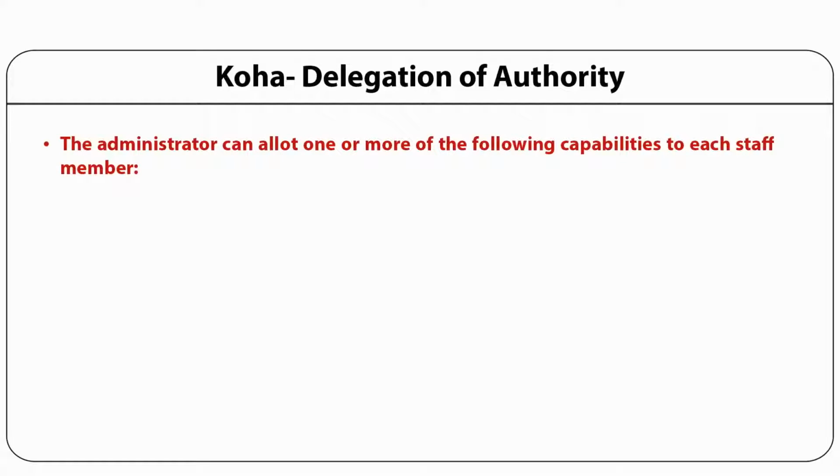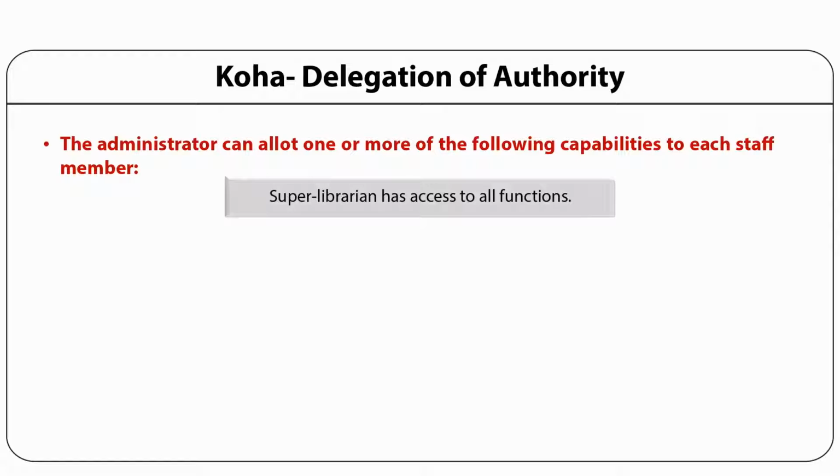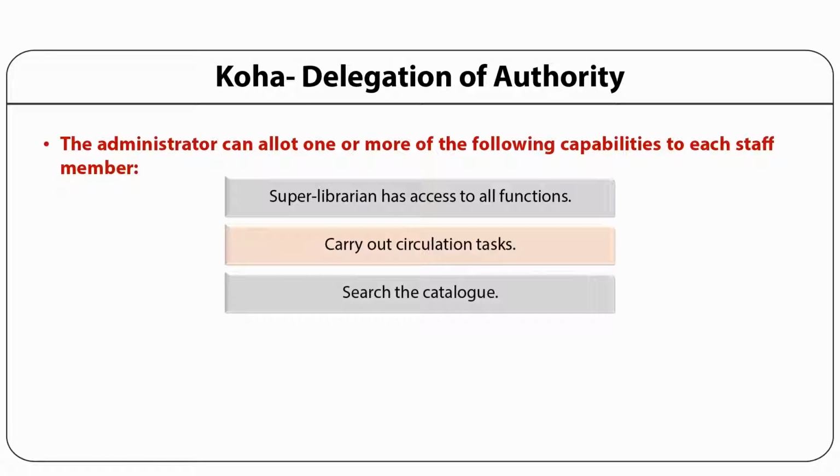The administrator can allot one or more of the capabilities to each staff member, like the super librarian, who has access to all functions. It can carry out circulation tasks, search the catalog, and administer the system parameters.